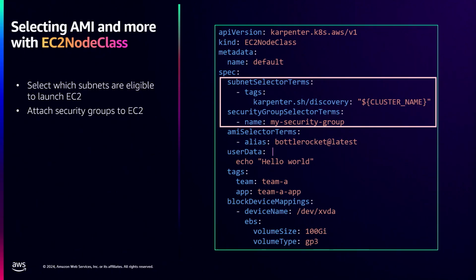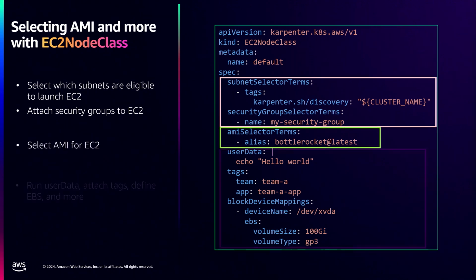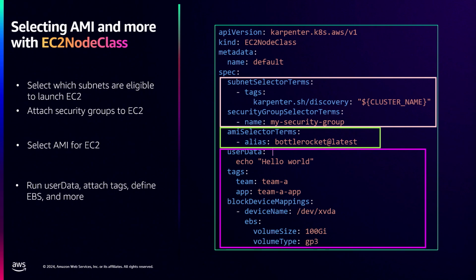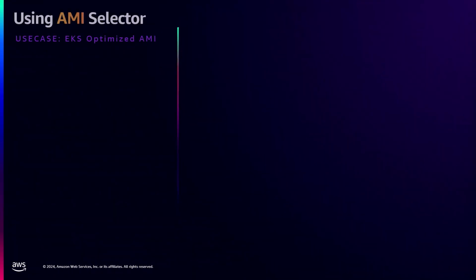You can attach certain security groups to EC2, in this case, the name my security group. You can select the AMI for EC2, and you can have other things like user data, attach tag, define EBS, and more. So AMI is the important one, so let's take a look.